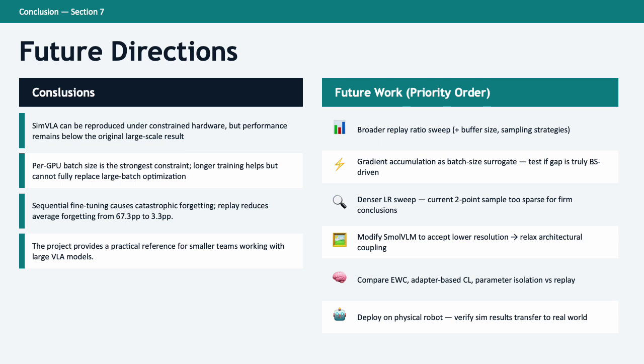We also showed that training on tasks one after another makes the model forget a lot, but experience replay can reduce this. In the future, we want to try more replay methods, more learning rate tests, smaller resolution models, other continual learning methods, and later real robots.